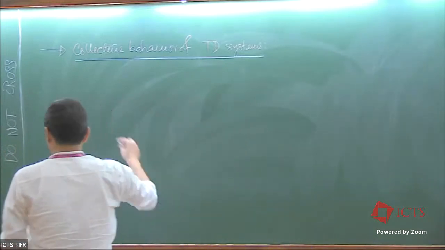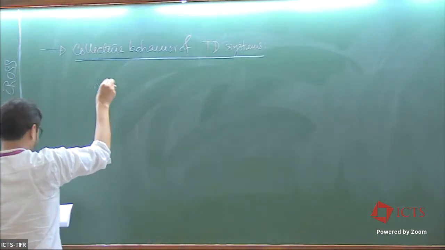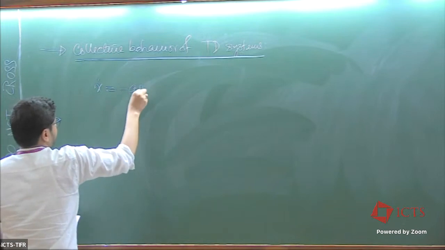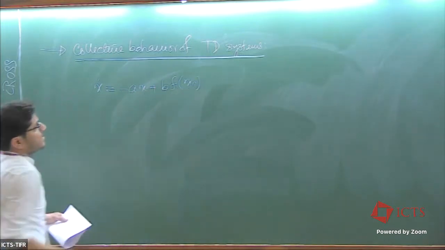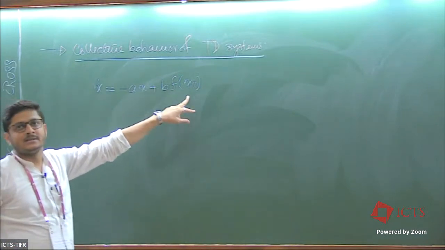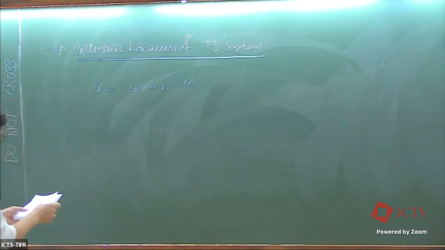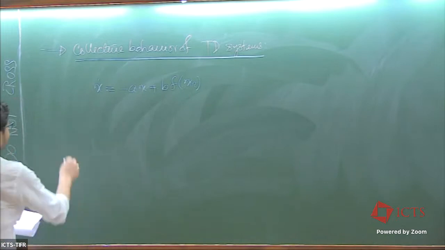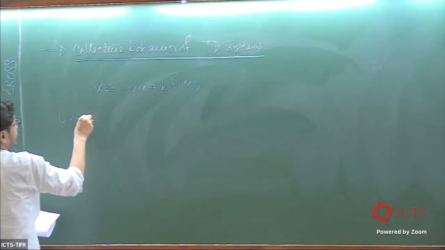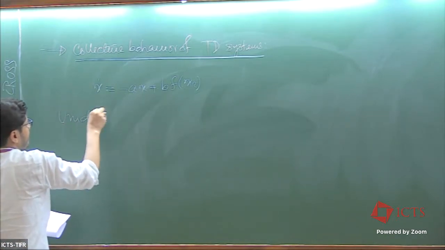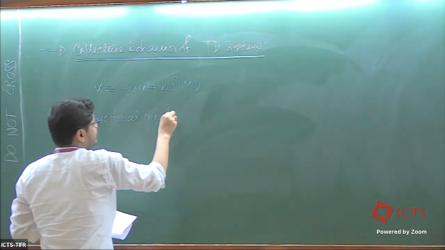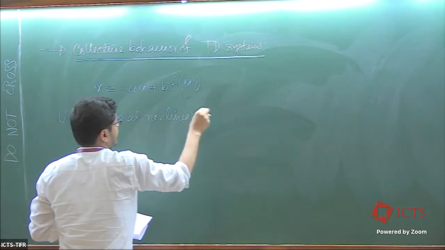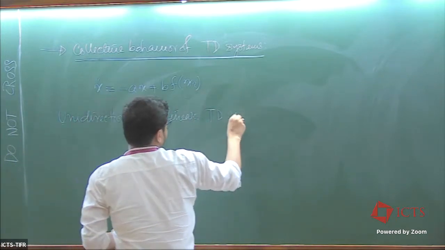Here also we consider x dot is equal to minus ax plus b f of x tau. f may be any function you can consider. Now we consider an unidirectional nonlinear time delayed coupling.